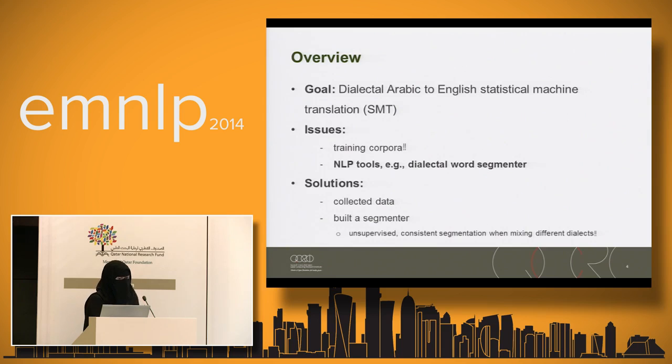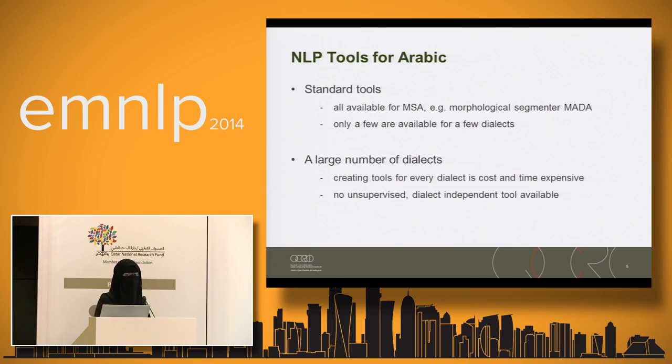So here the problem is that we became very interested in using dialectal word segmenters to improve our statistical machine translation. When it comes to MSA, people have already worked on it for a long time, collecting data and building good tools like morphological segmenters.